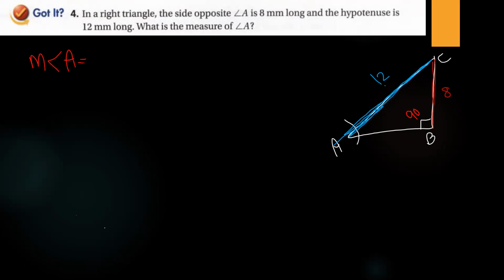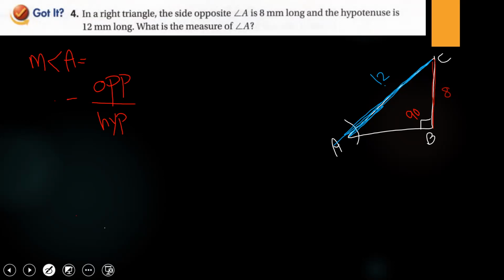Look at angle A. I have an opposite and I have the hypotenuse. So let's say opposite over hypotenuse. Is it right? For the angle A, I have the opposite and the hypotenuse.